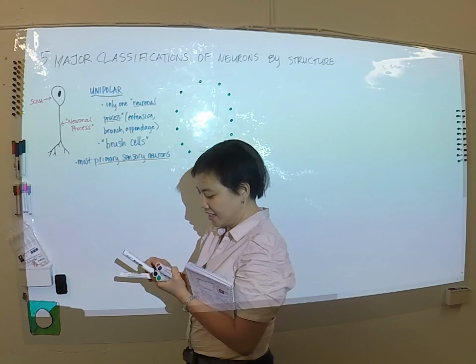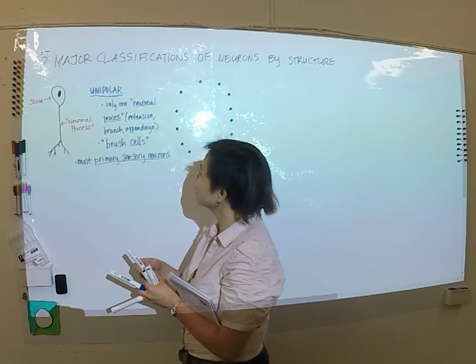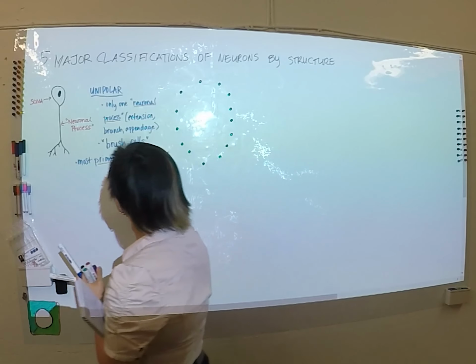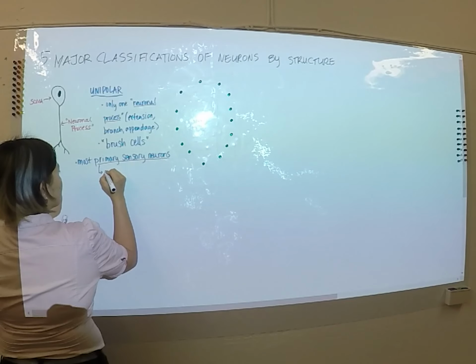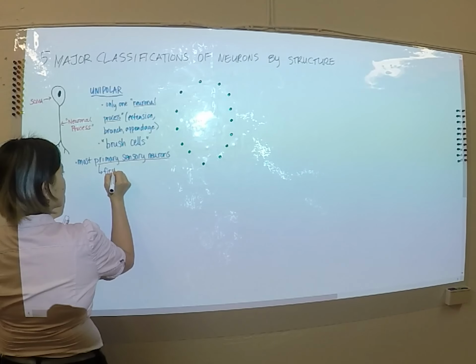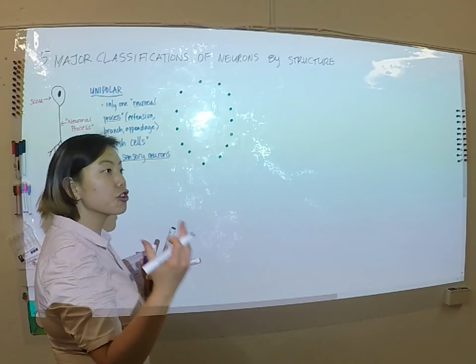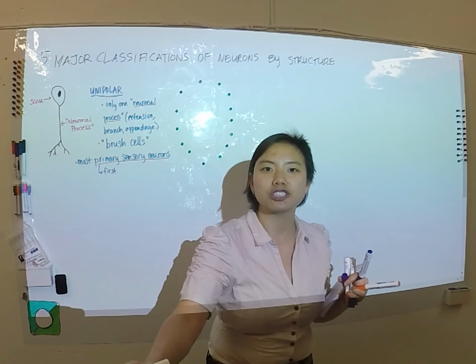Okay, I'm going to use more colors. It means that they are the first neuron to interact with the outside world.